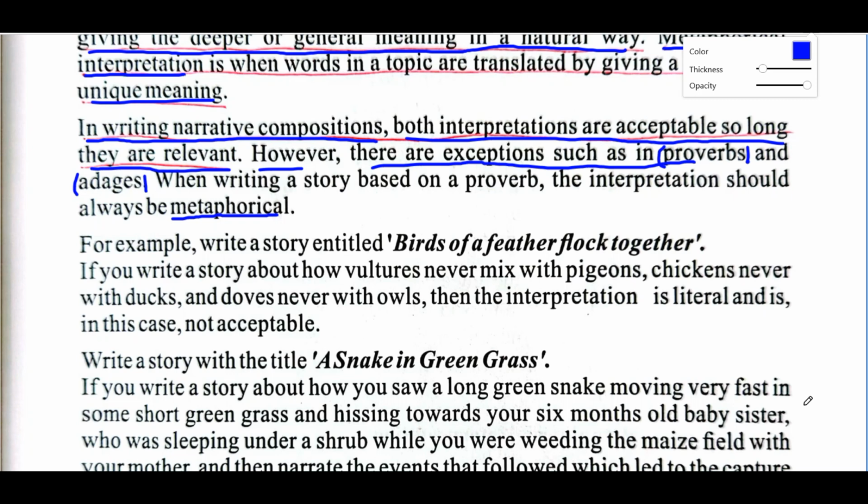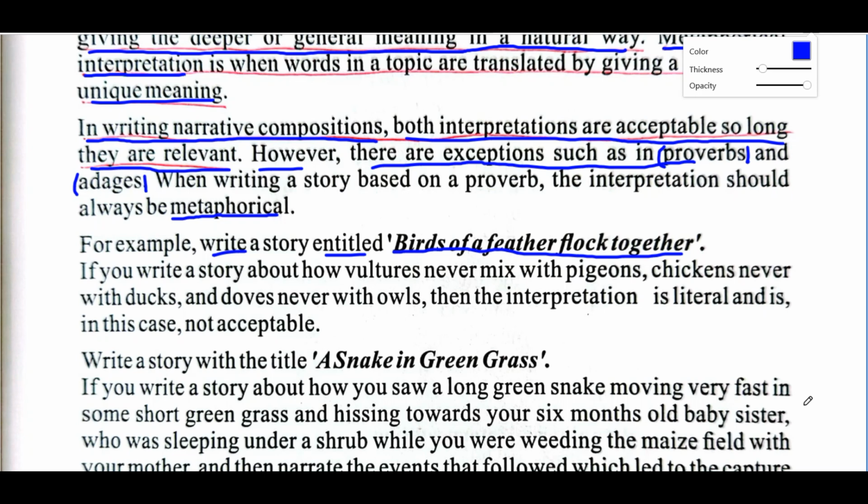For example, let's say we are told to write a story entitled Birds of a Feather Flock Together. This is not just a mere saying. It's deeper than the sound of this. We are not talking about birds. If you interpret this topic in relation to the words that you are seeing, then what you are going to get is what we call the literal.